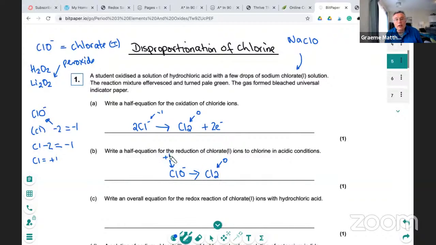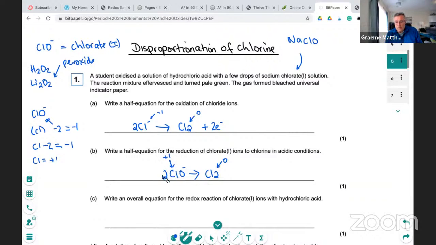Now then, written down oxidation states like we did last week. Yes, +1, 0, absolutely. Got to put the 2 in right there. So here's my two chlorines, like this. Let's see, I've got to put in the electrons.